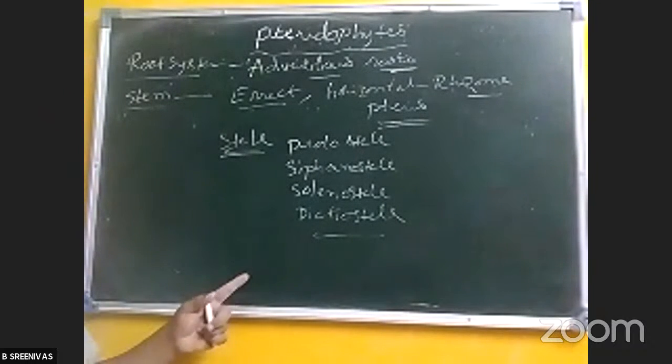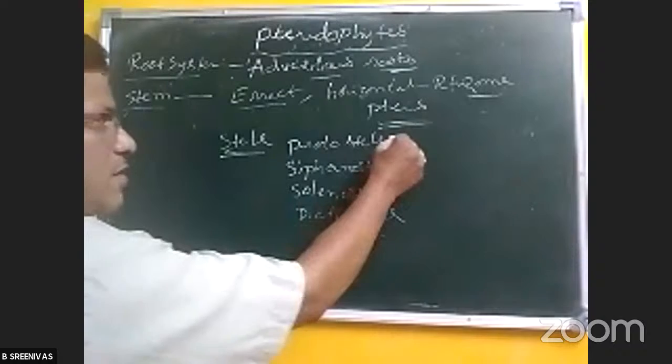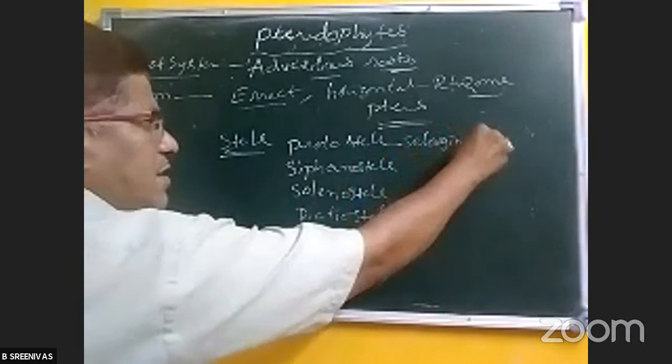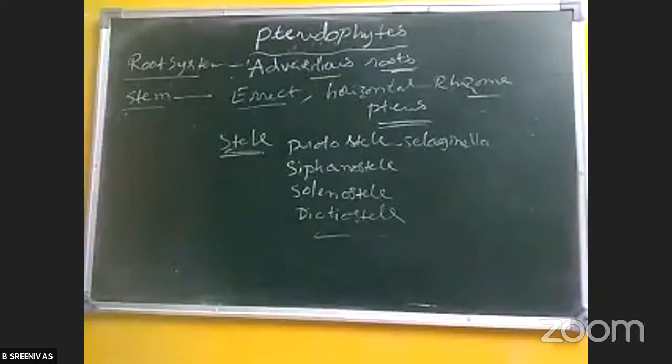Protostele, you know well. What are the examples for the protostele, siphonostele, solenostele and dictyostele? Example for protostele: Selaginella. These are very important. And siphonostele: Osmunda.